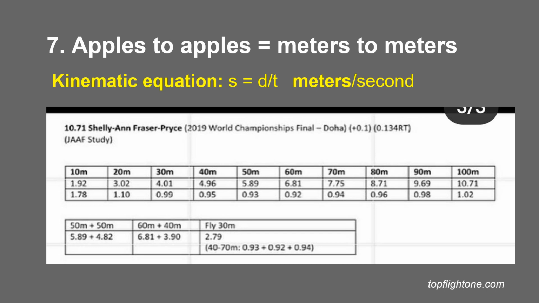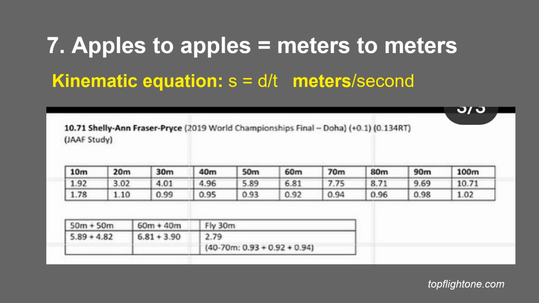Number seven, apples to apples, meters to meters. The kinematic equation for speed is distance over time, and it's measured in meters per second. Unfortunately, there are coaches who are doing speed development, and I understand if they're focused on football and they use yards as their standard unit.